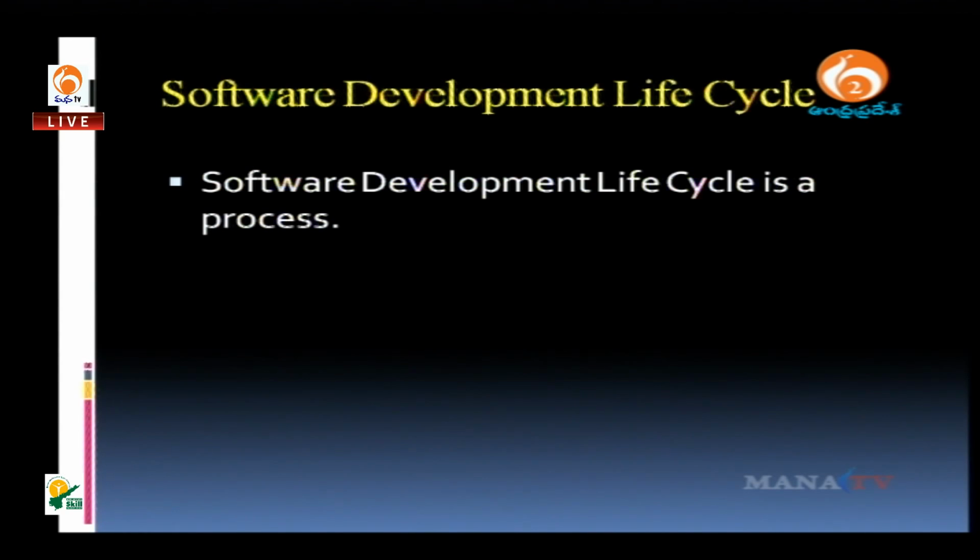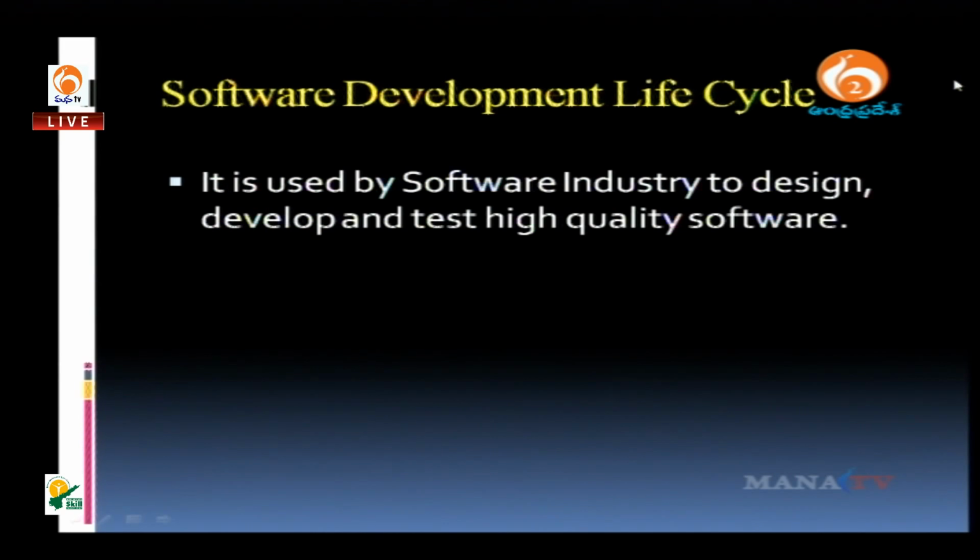It is a process and an approach to develop software. The name itself tells us: software development phases, life cycle. It is used by the software industry to design, develop, and test quality software. To give error-free or bug-free software, we follow these phases.